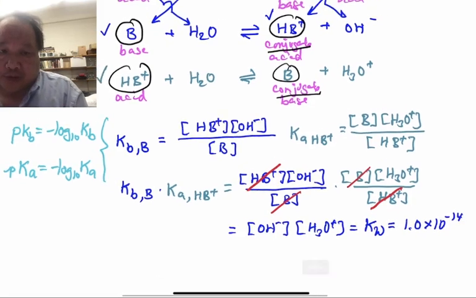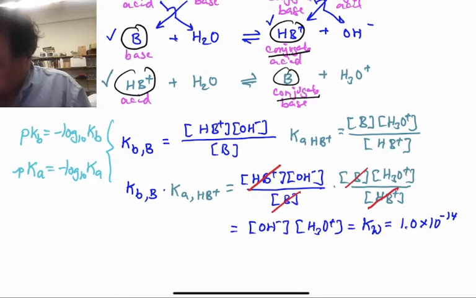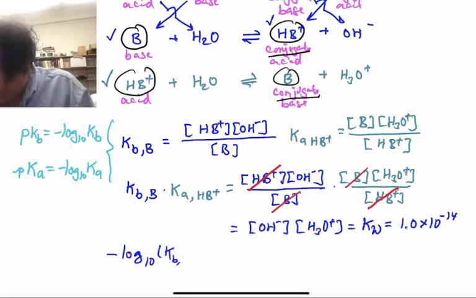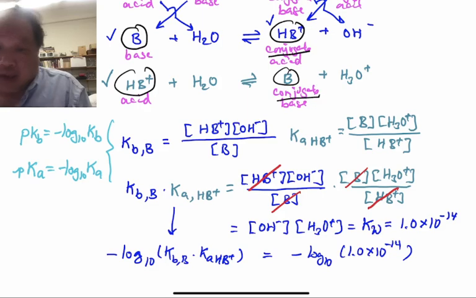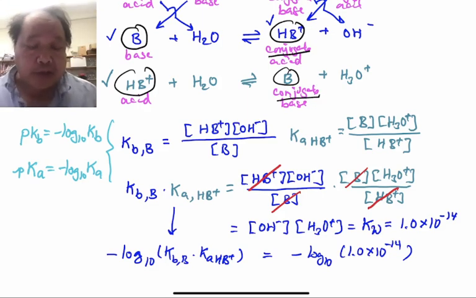And the very last thing we're going to do is take the log. We're going to turn these into pKs. So minus log base 10 of Kb of B times Ka of HB plus is equal to minus log base 10 of 1.0 times 10 to the minus 14. Please pause the video and see what you can do with this equation. It's a very nice result. Good.